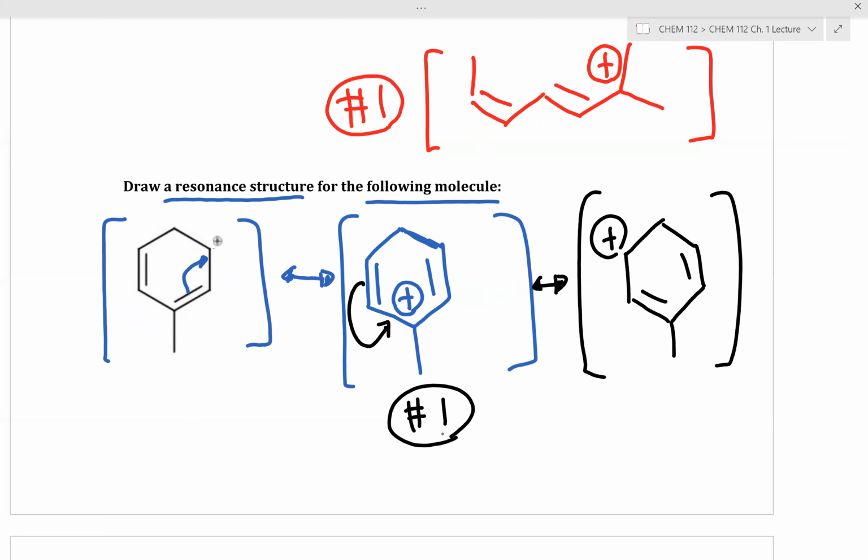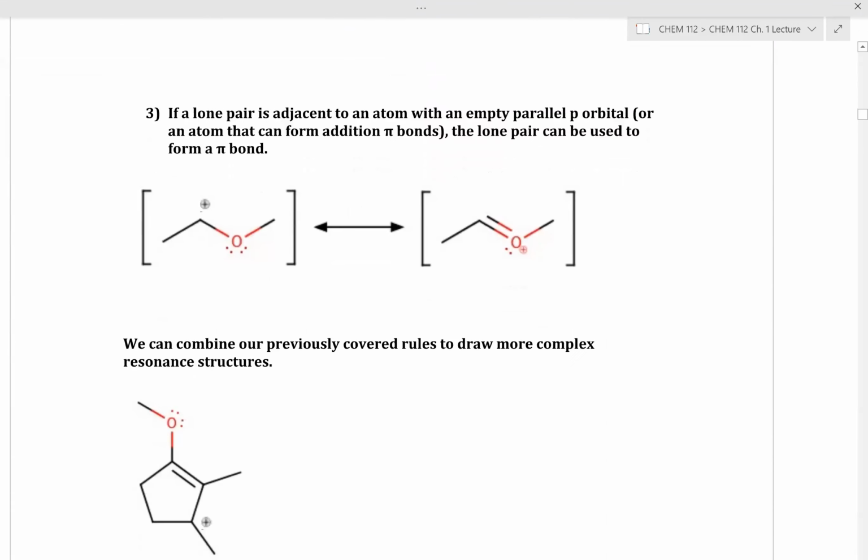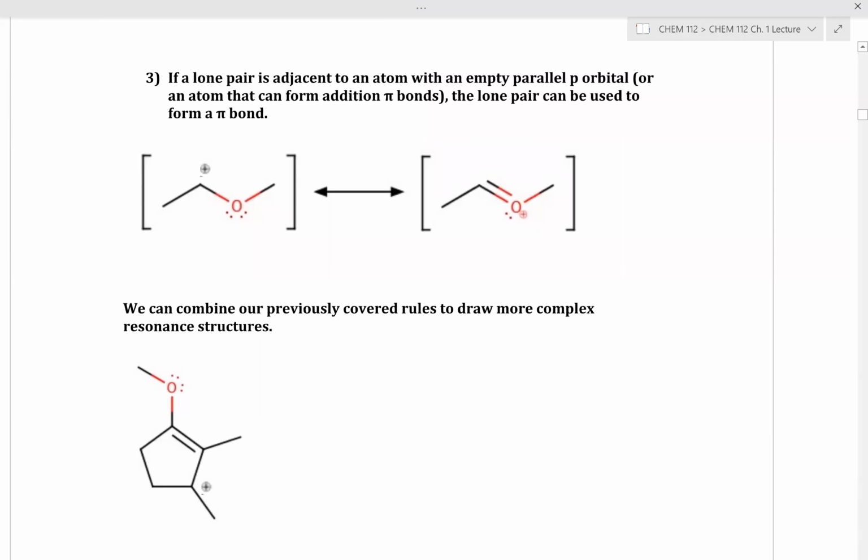Okay. What we're now going to do is combine this idea and develop our last major rule for arrow pushing. If a lone pair is adjacent to an atom with an empty p orbital, or an atom that can form additional pi bonds, the lone pair can be used to form a pi bond.